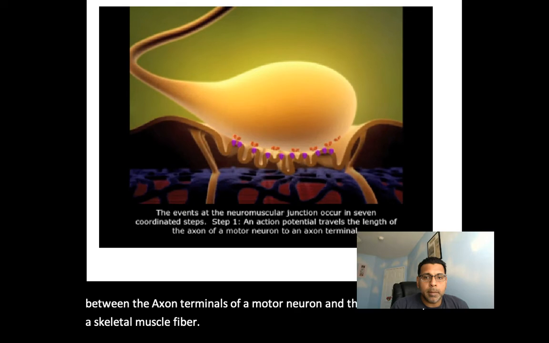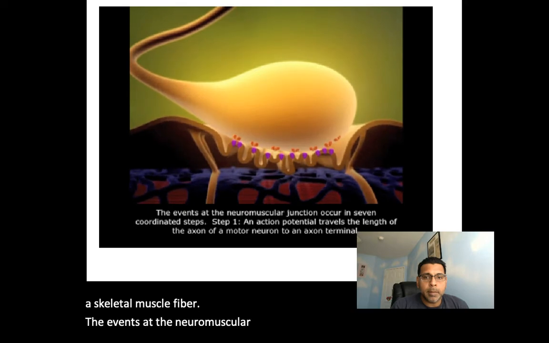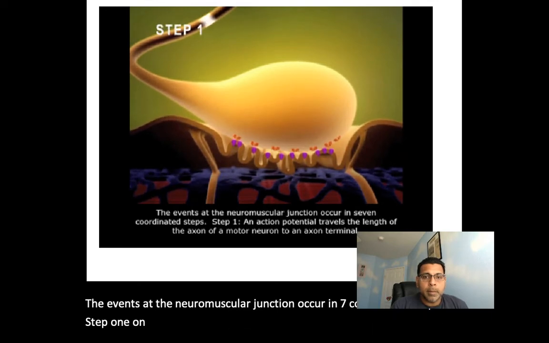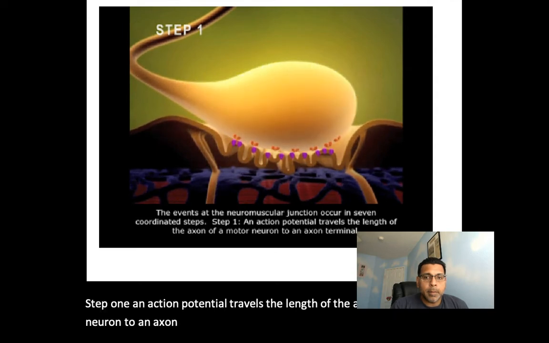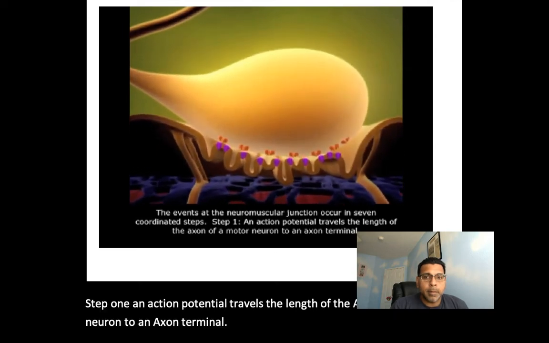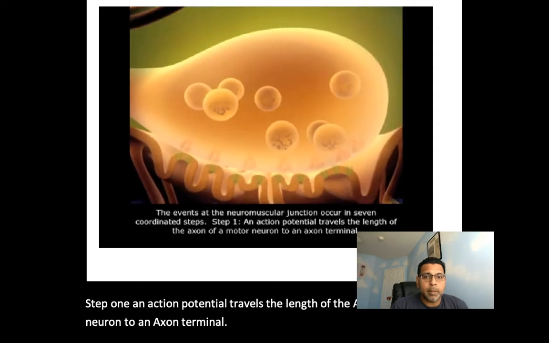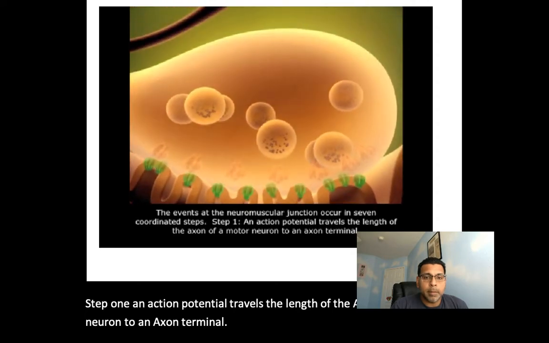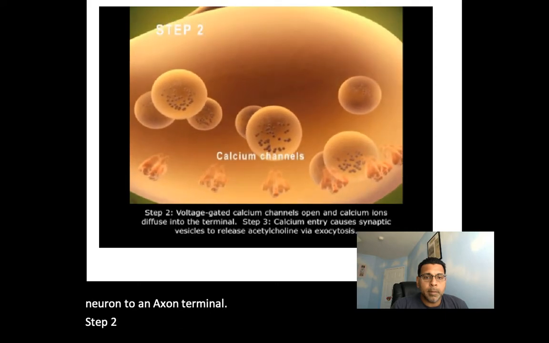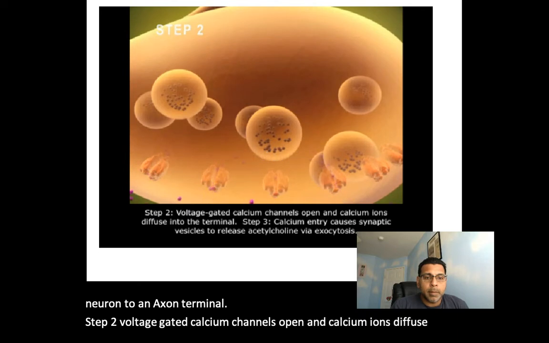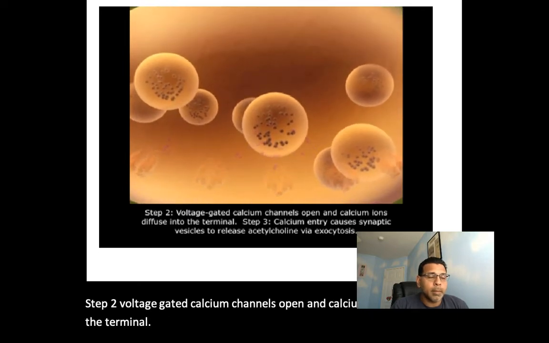The events at the neuromuscular junction occur in 7 coordinated steps. Step 1. An action potential travels the length of the axon of a motor neuron to an axon terminal. Step 2. Voltage-gated calcium channels open and calcium ions diffuse into the terminal. Step 3.